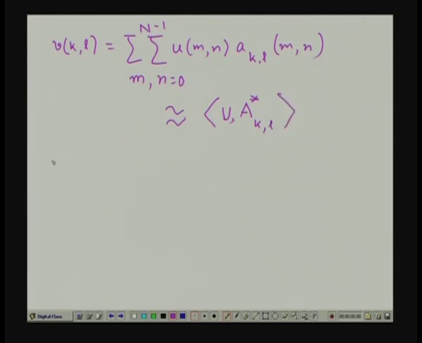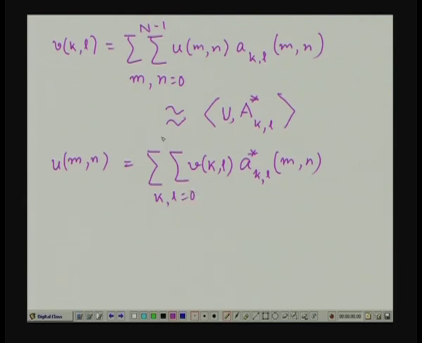Similarly, if I write the inverse transformation U m n, which is given again in the form of double summation V K L into A star K L m n, where K and L vary from 0 to capital N minus 1.